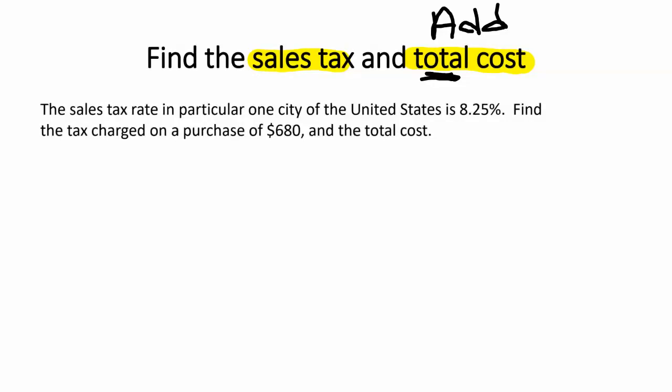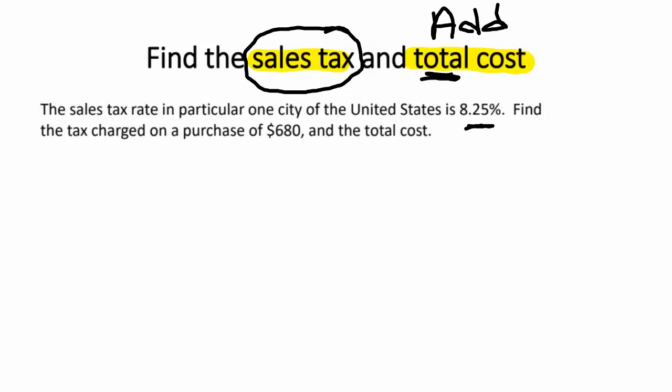But you have to know, how is sales tax determined? Well, this is an old problem from prior math classes, but we still give it to you in this section because we want to bring your brain up to date. This is saying the sales tax rate in one particular city of the United States is 8.25%.